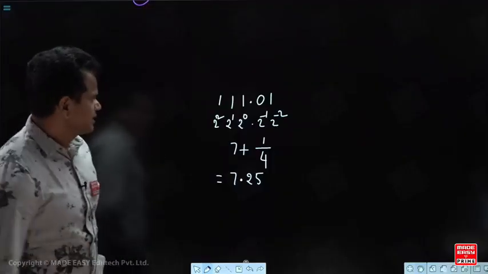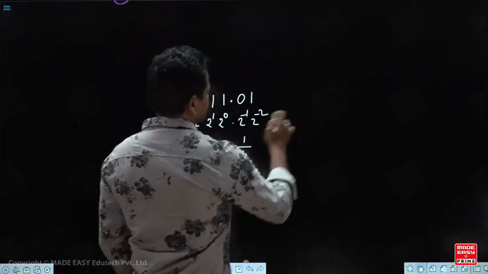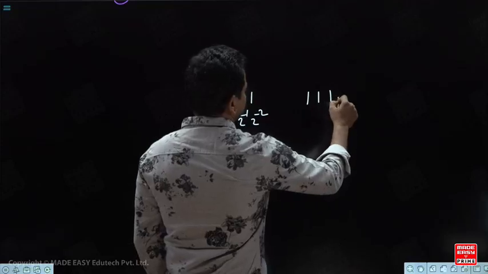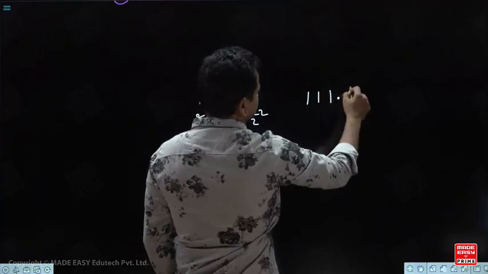Now what is the other method I'll show, compared to the previous method?